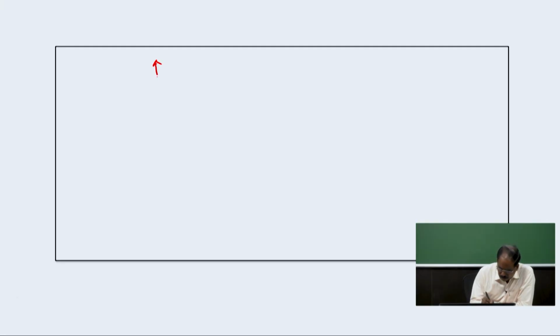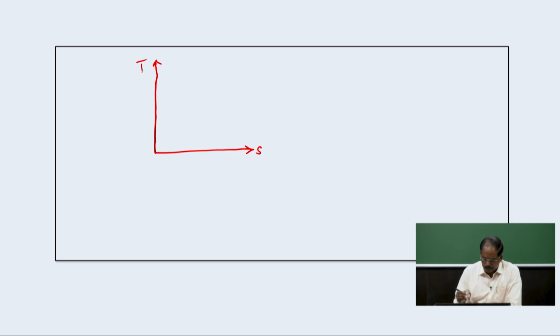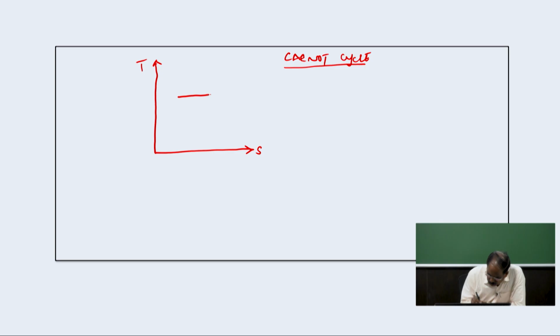So this is the temperature-entropy diagram. Let me write the heading as Carnot cycle. So this is process 1 to 2, that is isothermal expansion, and 2 to 3 is this one.